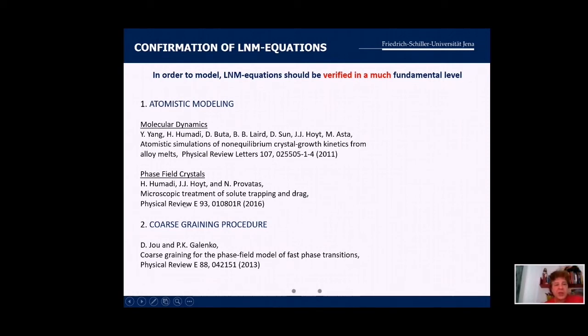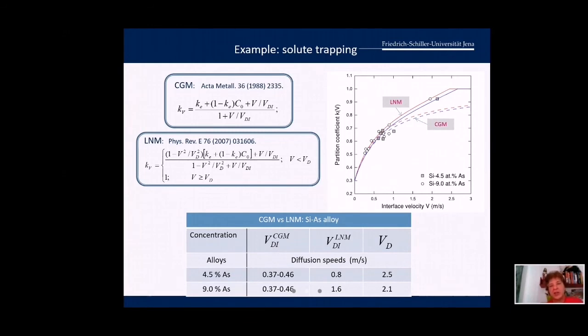Also, using the standard procedure called coarse graining, we can get equations of motion of the hyperbolic type. If we assume local equilibrium in the coarse graining, then we get parabolic type of equations for the phase field and for the concentration, which work for conditions not far from equilibrium, close to global equilibrium.